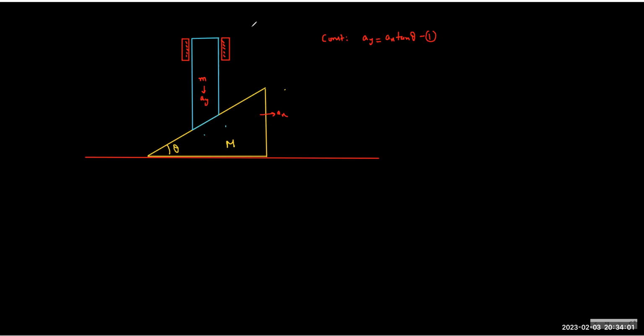Do you guys remember this formula? Vy equals Vx tan theta. What is the common normal here? I think we are not trying to recall correctly. So this is the common normal, and this is your AX and this is your AY.